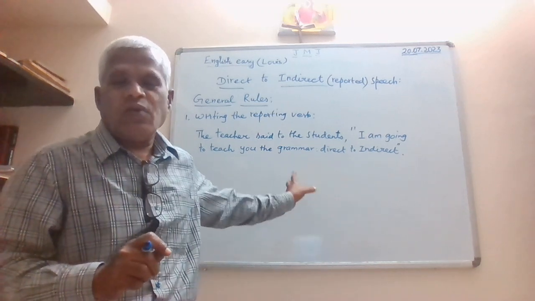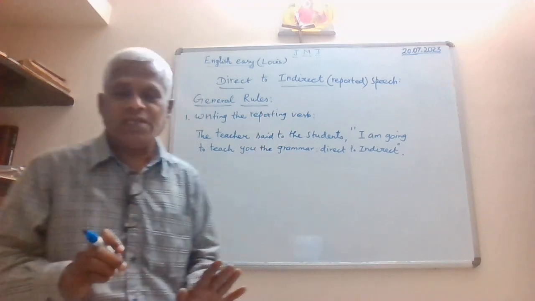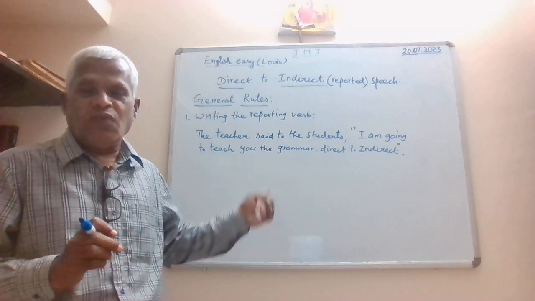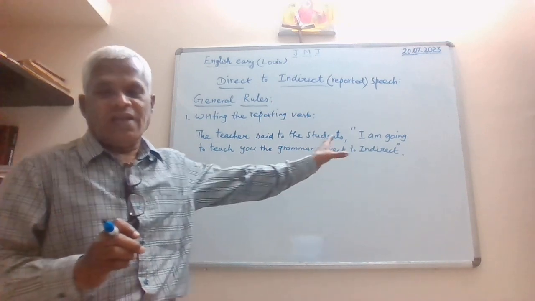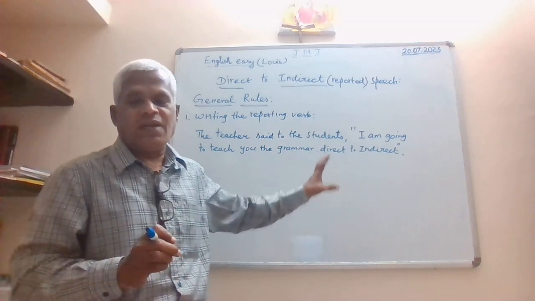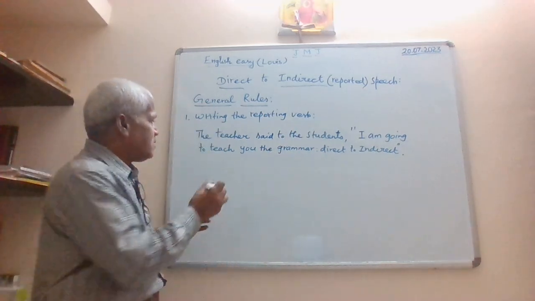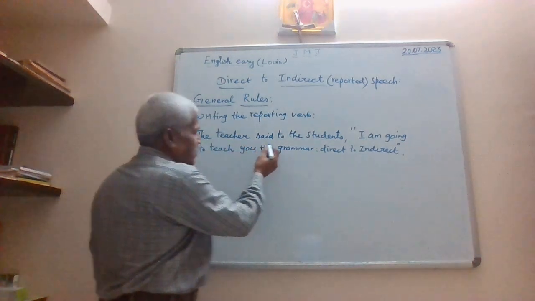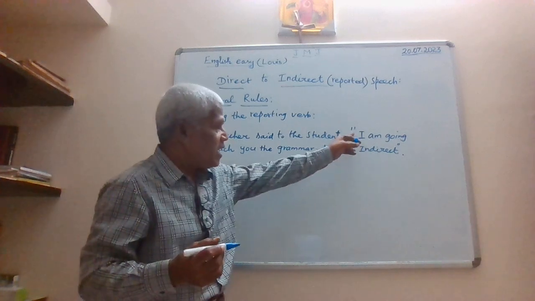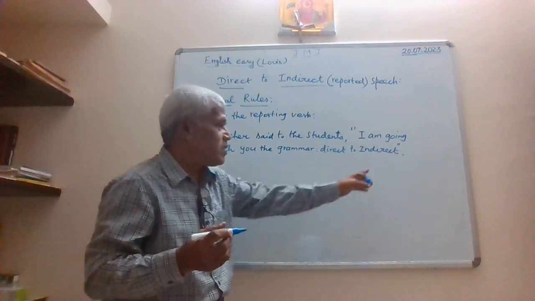Now we are talking about the reporting verb. What is a reporting verb here? A reporting verb is nothing but the verb that you find before the direct part is introduced, the part that is within the inverted commas. Now what is it here? See now, the teacher said to the students, comma. Now your direct speech or the words of the speaker begins with this inverted commas only.